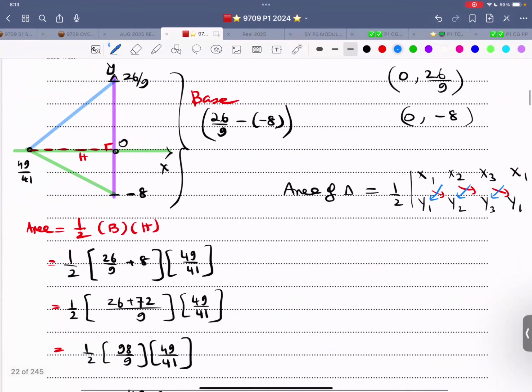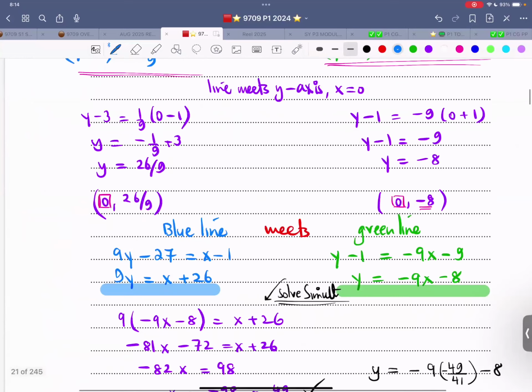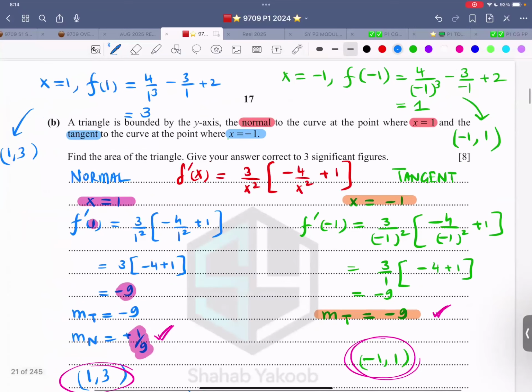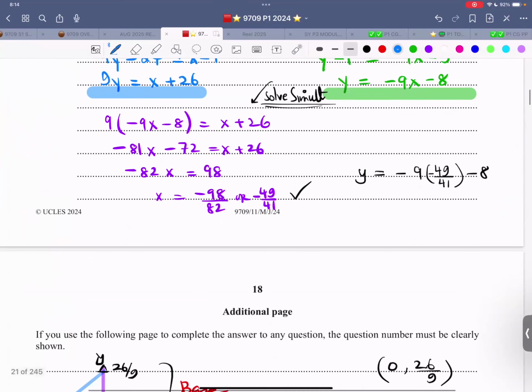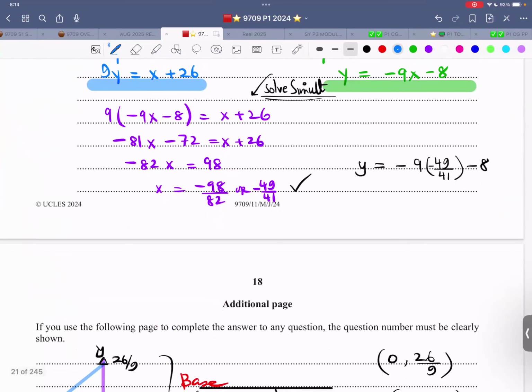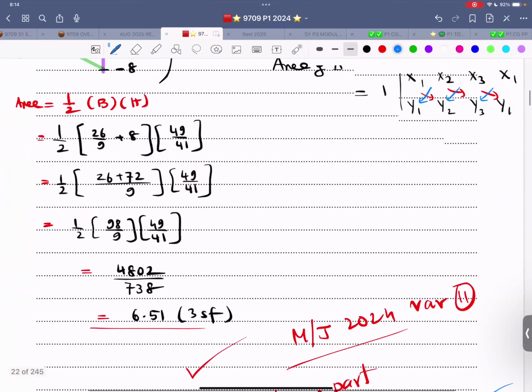So yes, this was a very tough question, especially the last part. Got the idea? That is the area of a triangle based upon this. So this thing was again differentiation plus basic geometry. That is the logic over here. Let's move on.